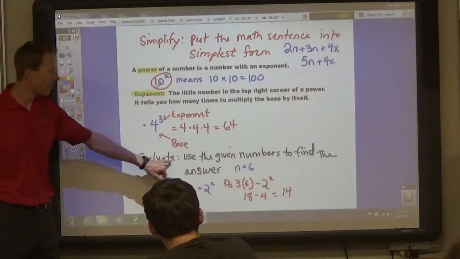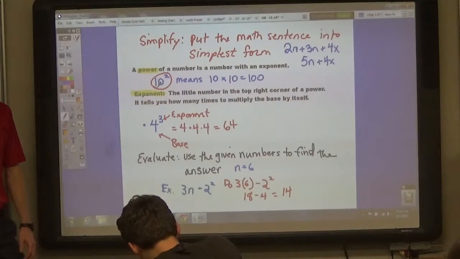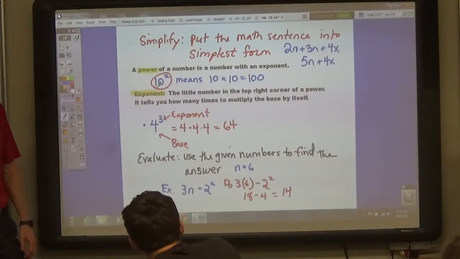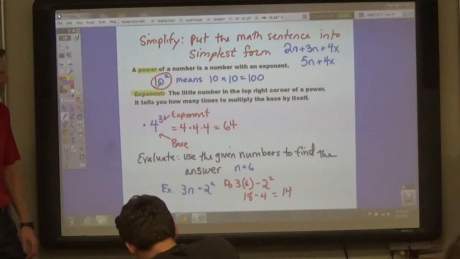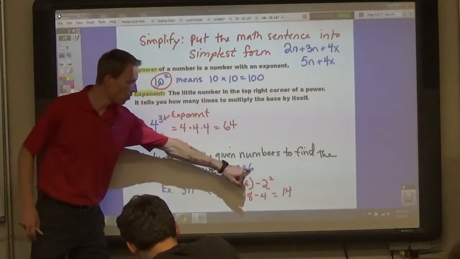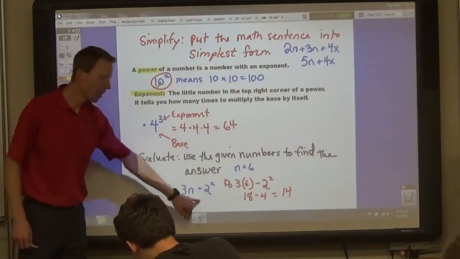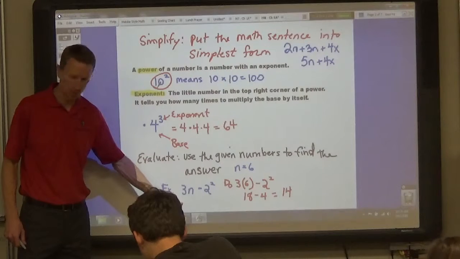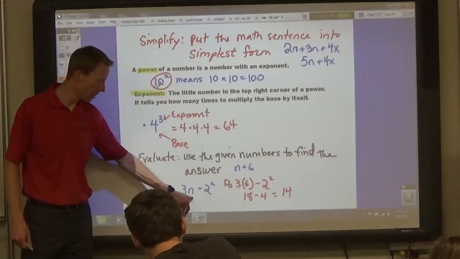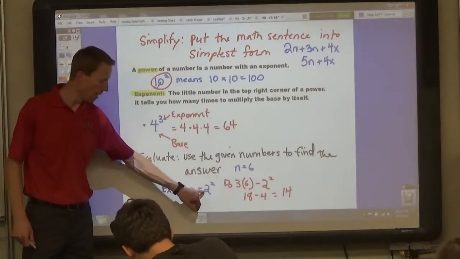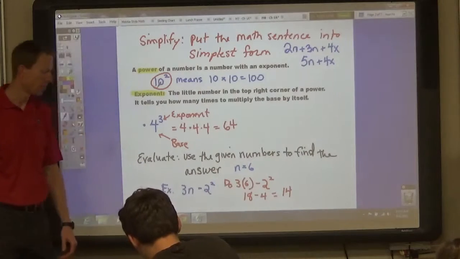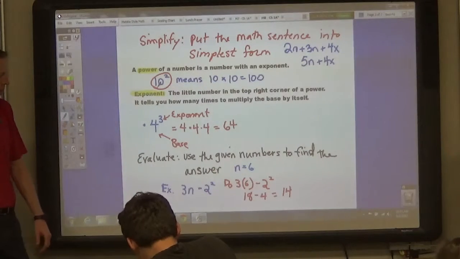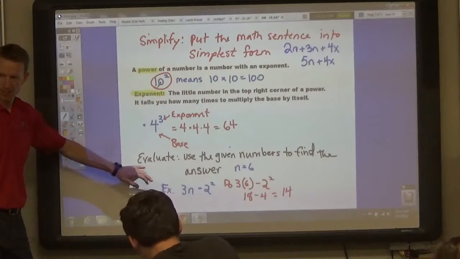What does evaluate mean? Right, find the answer. So the given number for the variable in this expression, 3n, that means 3 times n, minus 2 squared. How would you evaluate that?